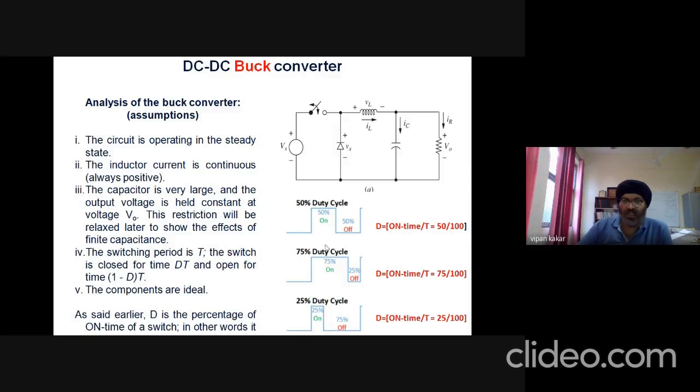Okay, the switching period is time period T, which is the sum of on time plus off time. The switch is closed, means turned on, for time period DT, and open or off for time period 1 minus D. So in this case, let's say 50% duty cycle, where D means duty cycle, on time and off time are both equal.